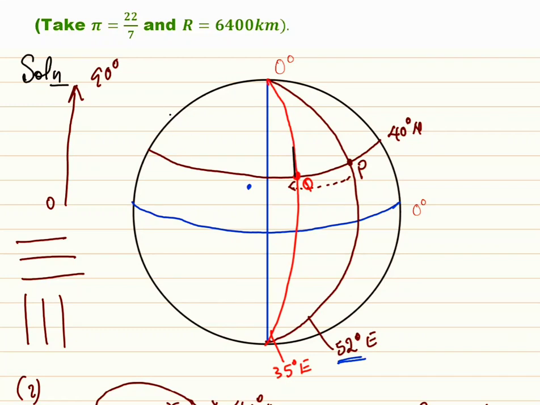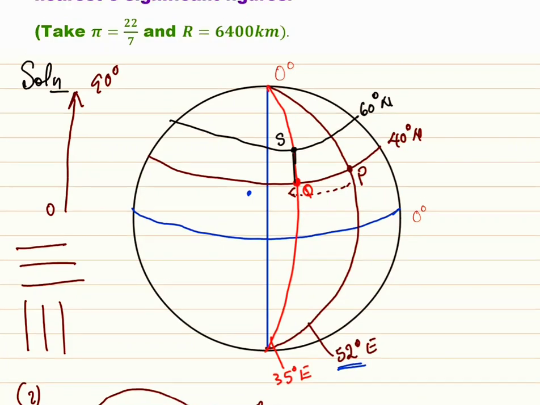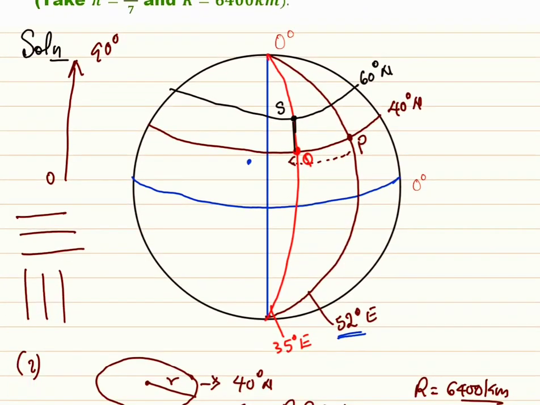So let's say this is 60, latitude 60 degrees north. Now, this intersection is our point S. So we actually need to find QS, the distance between Q and S.